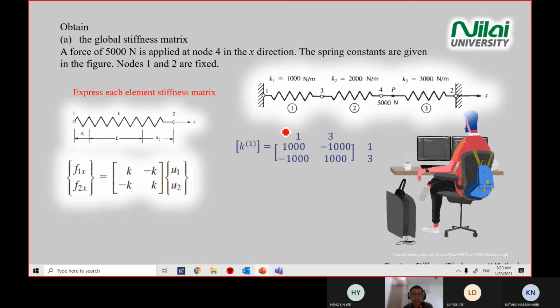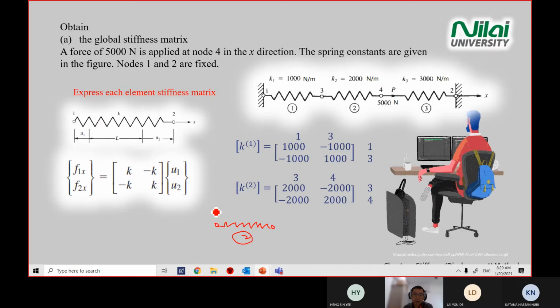So after we find the stiffness matrix of the first element, we continue with the second element. So repeat the same procedure, where now you look at the second element, nodes 3 and 4, and K is given, K number 2.